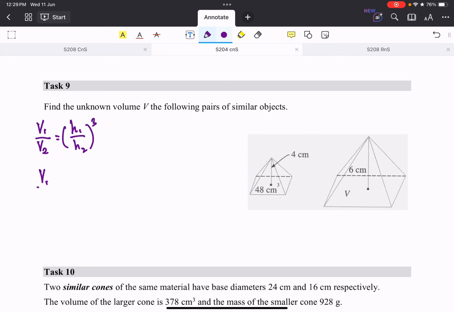We are trying to find volume 1, the larger object. So V1 over 48 is equal to 6 over 4, cubed.